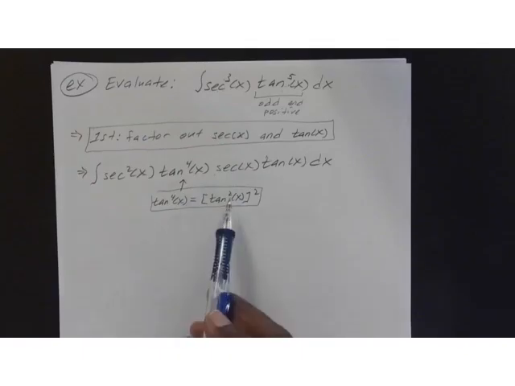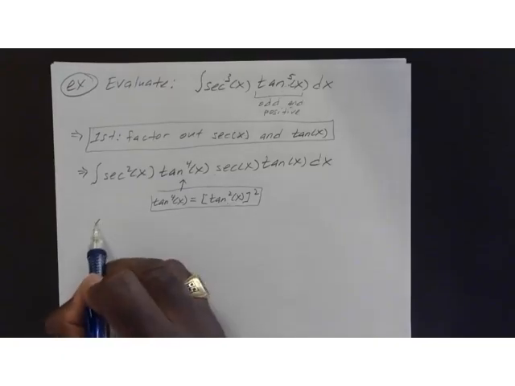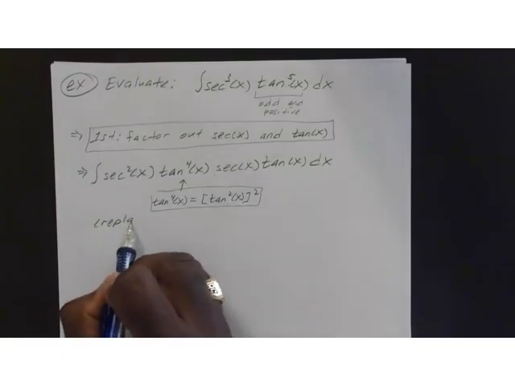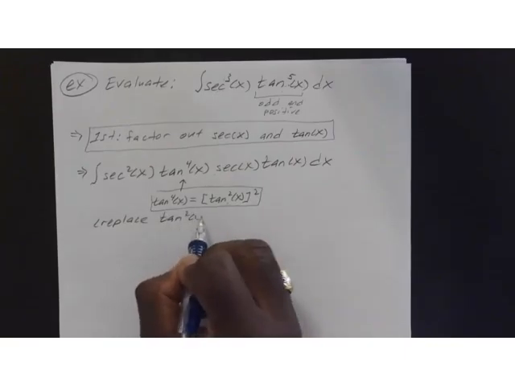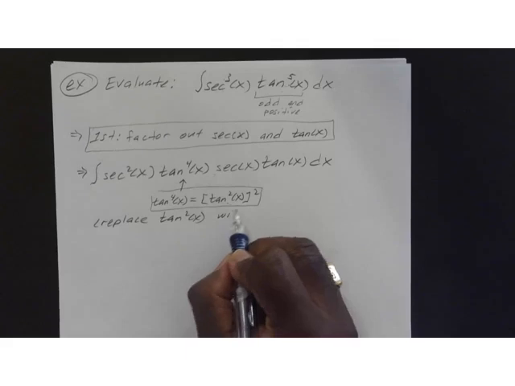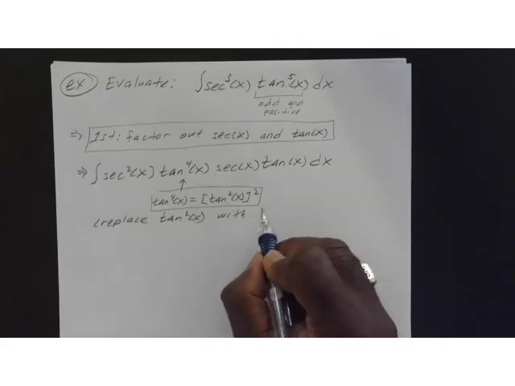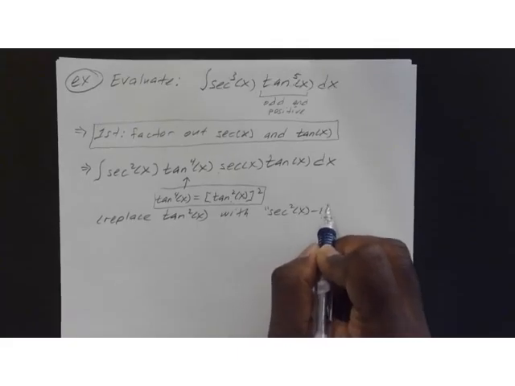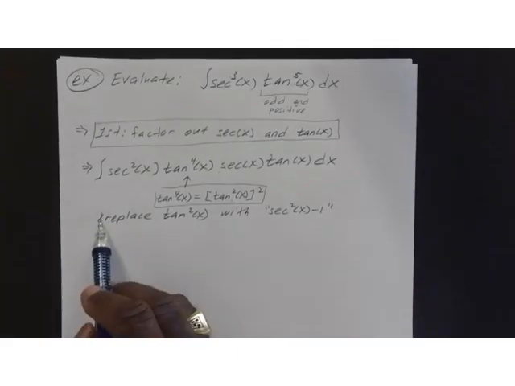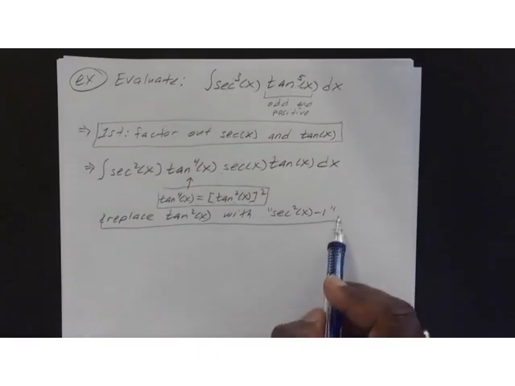So we're going to replace that tangent squared with secant squared minus 1.